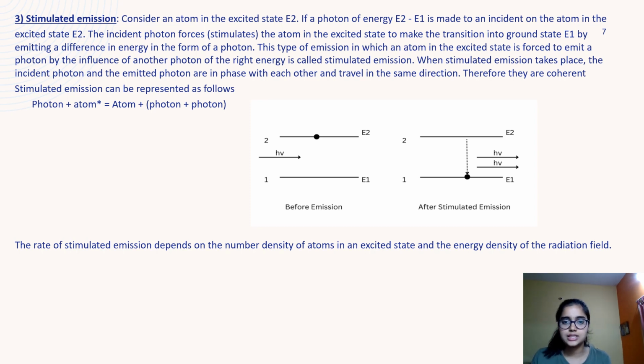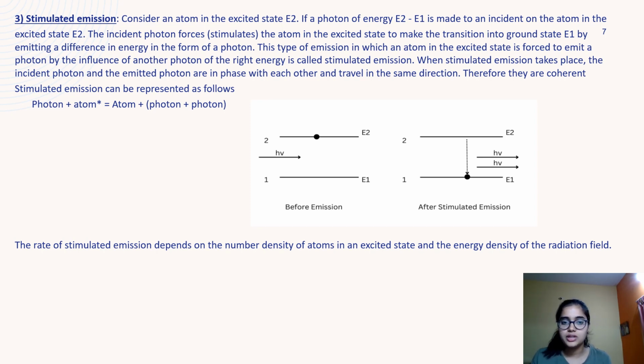Now let us consider two conditions, before emission and after stimulated emission. Before emission, we can see that the atom is in its higher excited state, and when a photon of the right energy strikes the atom, the atom comes back to the ground state by releasing two photons.